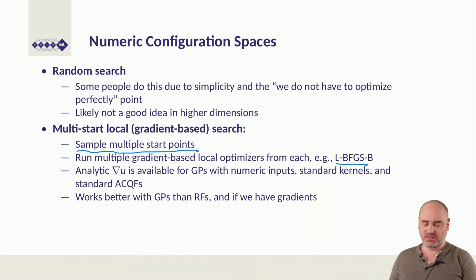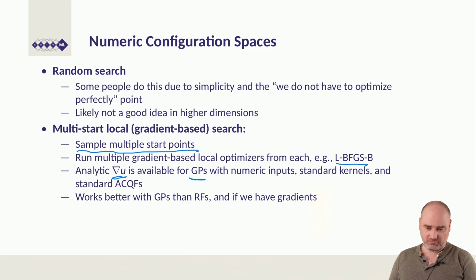First of all, we can discuss whether we can run such gradient-based optimizers anyhow on the acquisition function. The answer is often yes. So we need, of course, now the gradient of U. Well, the good news is for standard kernels, our Gaussian process is usually differentiable.